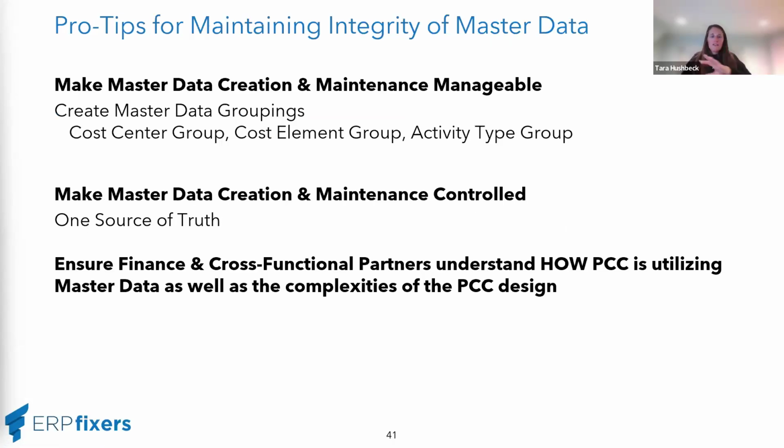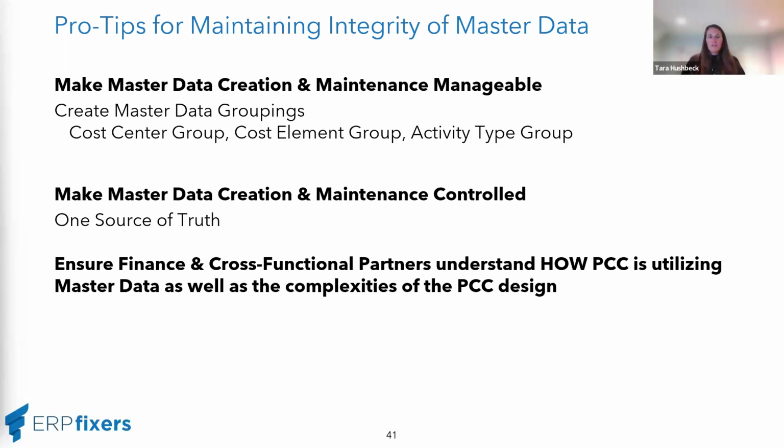My other pro tip suggestion, the first one's the same. The second one is make sure that there's one source of truth for master data. Keep the maintenance of that data controlled so that you have one source of the truth.